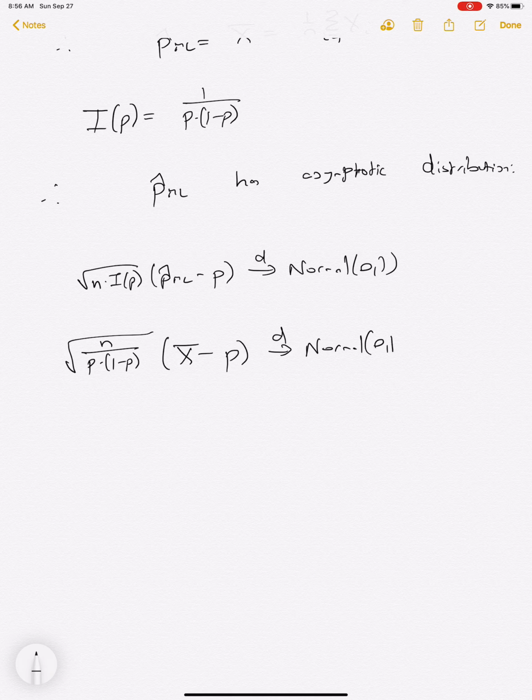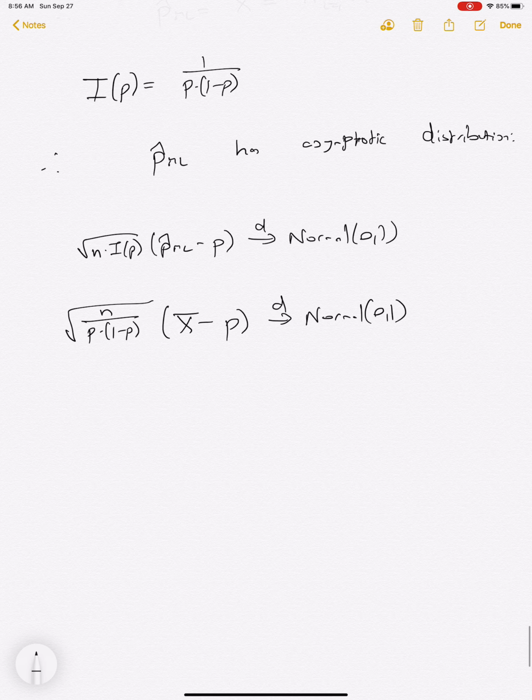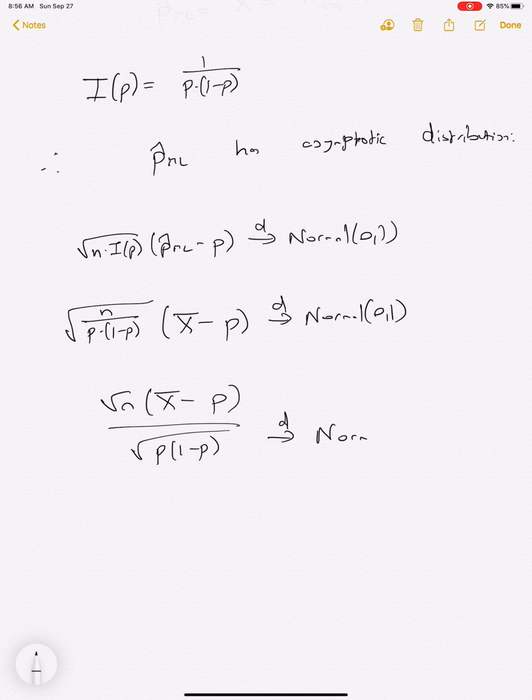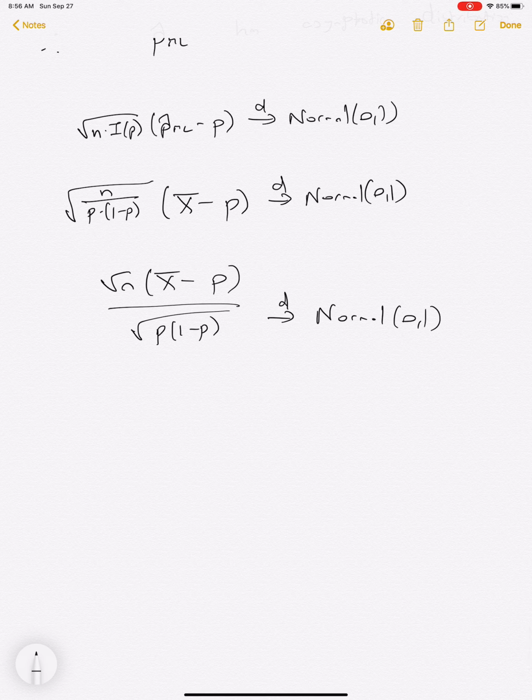And once again, you'll note here that this is nothing new. This is just the CLT again. So again, this is not actually anything new that we don't already know.